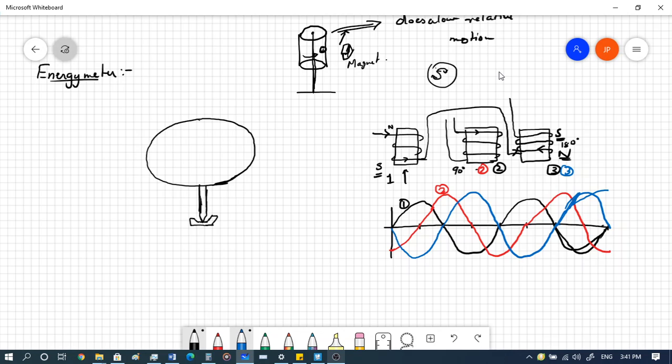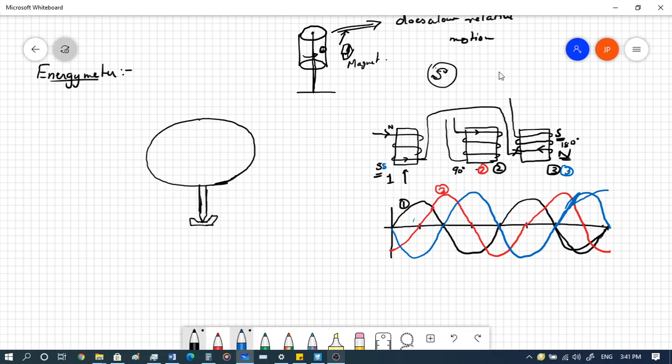So this is how the graph looks like. So you can see that as time goes, the magnetic field in 1, you have a south pole over here, right? And it has the highest magnitude at 90 degrees.